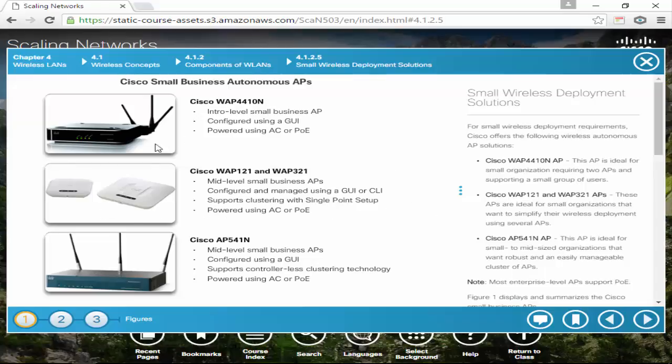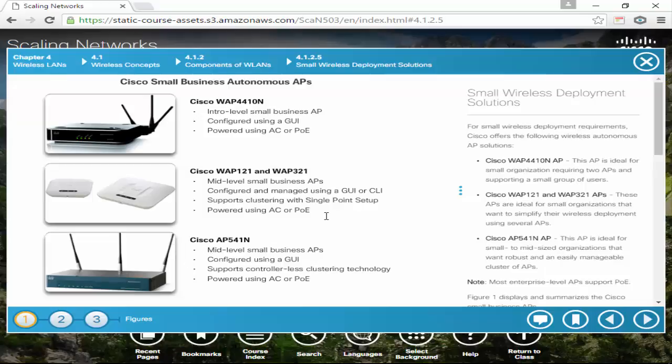Oh, I forgot one other way. On the newer Cisco access points, and I think that's what this is saying here with this single point setup, the newer Cisco access points actually can have a wireless controller built into them. So one AP can actually be a wireless controller for, I think, 20 others, and so that'd be another way of forming redundancy there.